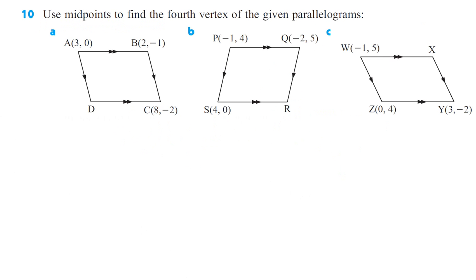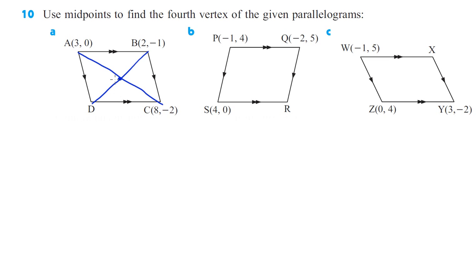Last one. Number 10. Use midpoints to find the fourth vertex of the given parallelograms. Okay? So what we're going to want to do here is find this midpoint here, because that'll be the same midpoint as it is to get to this point here.